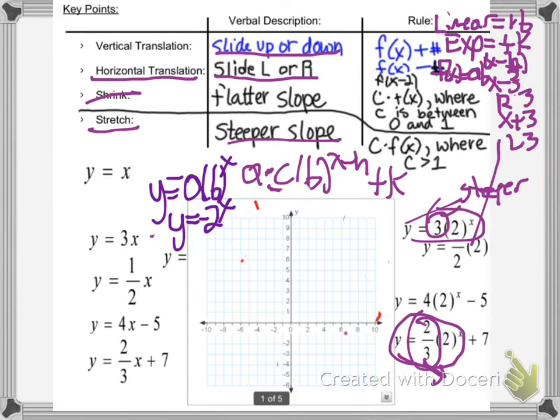We saw our original here, this one will be 2 to the x here. So that's our original 2 to the x, and then if I use negative 2 to the x, it's going to just flip everything over.